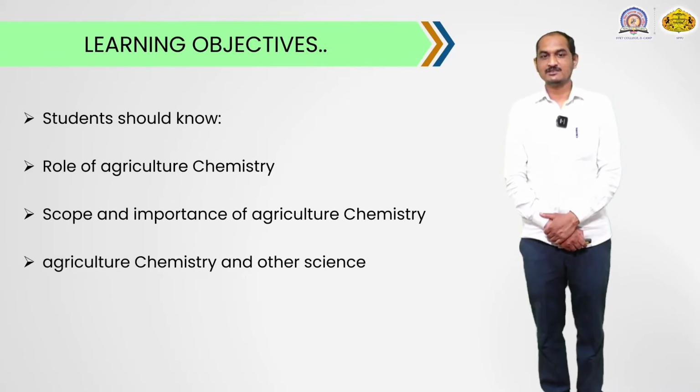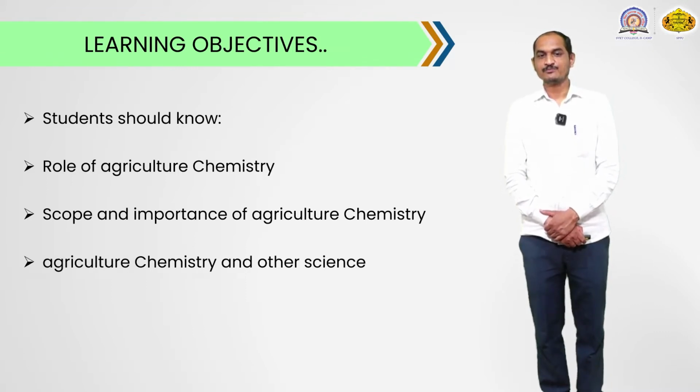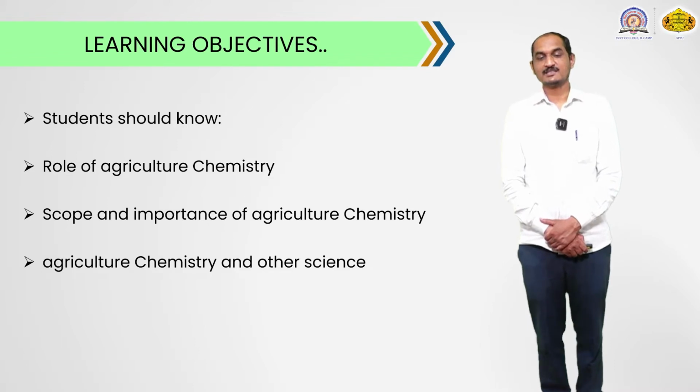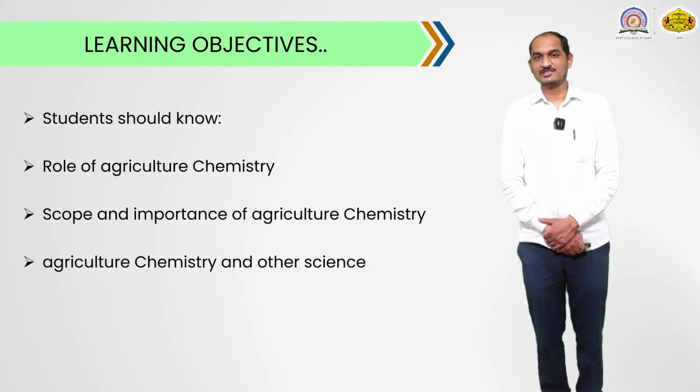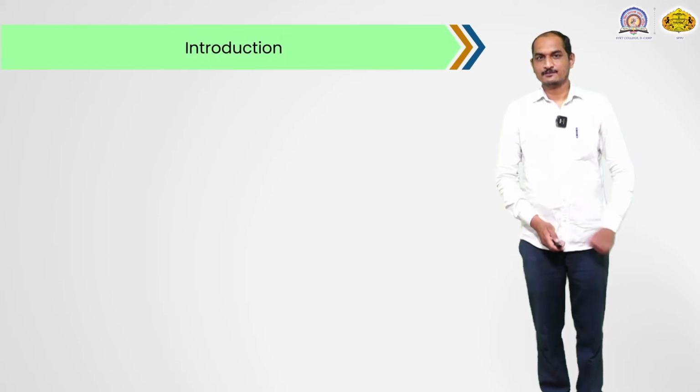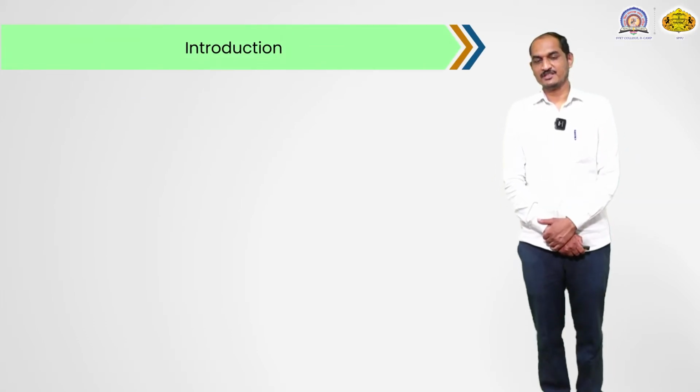And students will also know about agricultural chemistry and other sciences, how the other branches of science are interlinked with agricultural chemistry. Okay, this is all about the learning objectives of today's session.